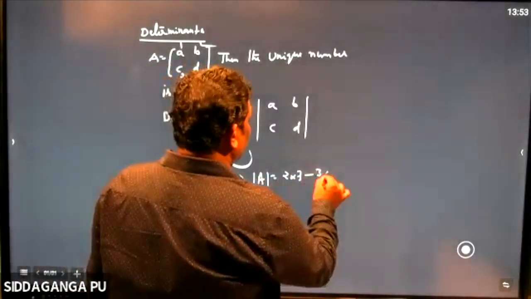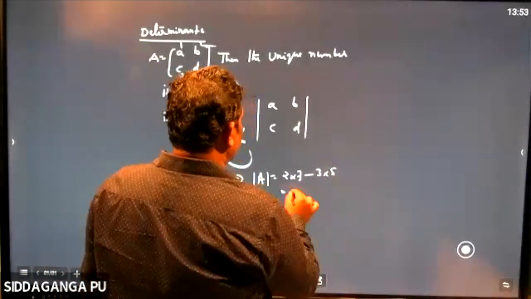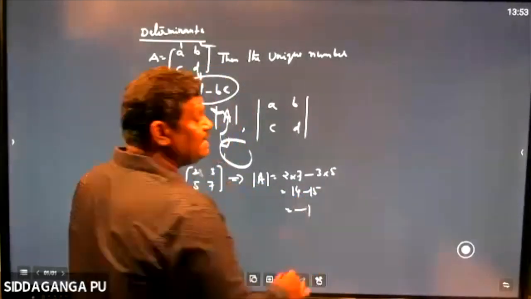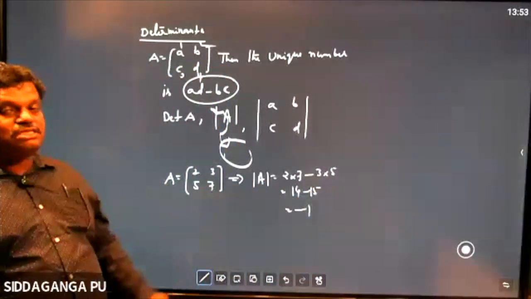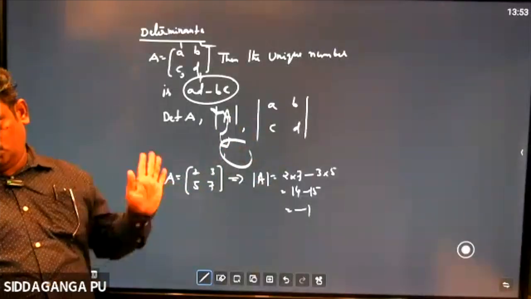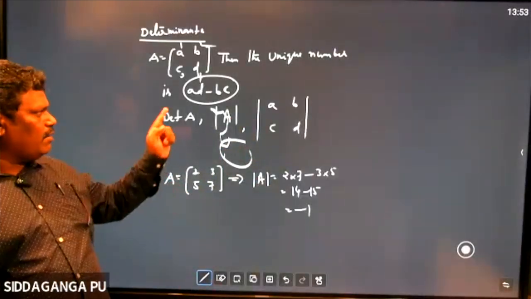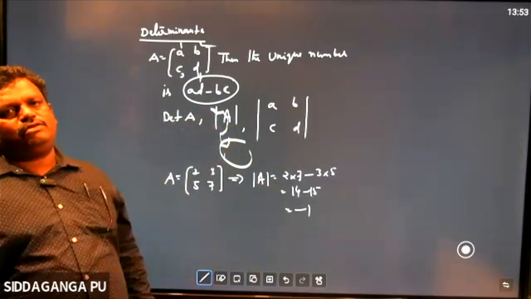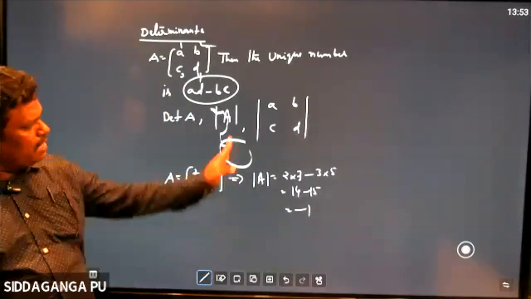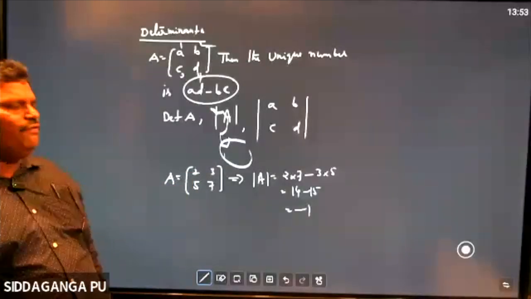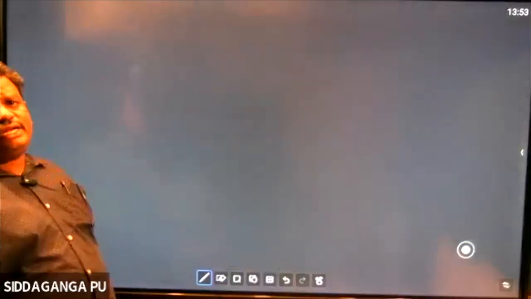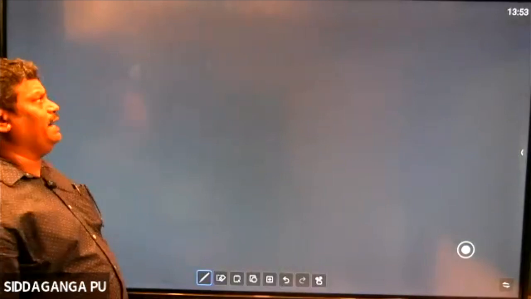That is 14 minus 15, which is equal to minus 1. So this is the determinant of the given matrix of order 2 by 2. Det A or determinant of A can also be represented with two vertical lines enclosing the elements of the given matrix. That is the determinant of a 2 by 2 matrix.